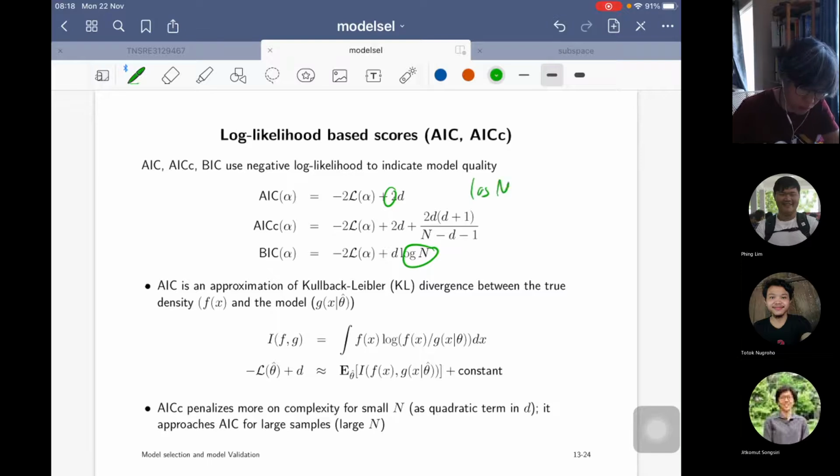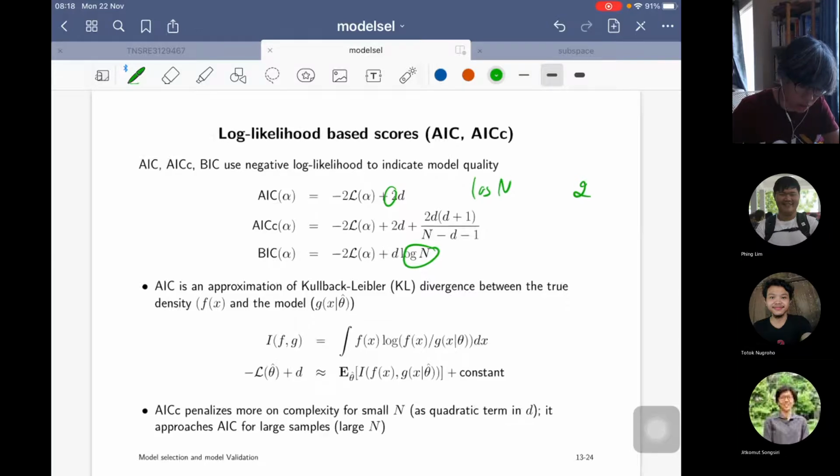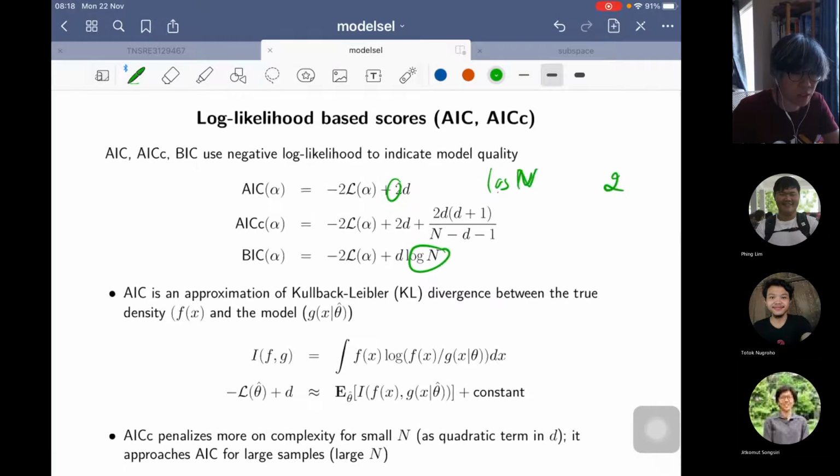Here n typically represents the number of samples, so in practice log n is going to be bigger than 2. That basically means BIC would prefer a simpler model compared to AIC.